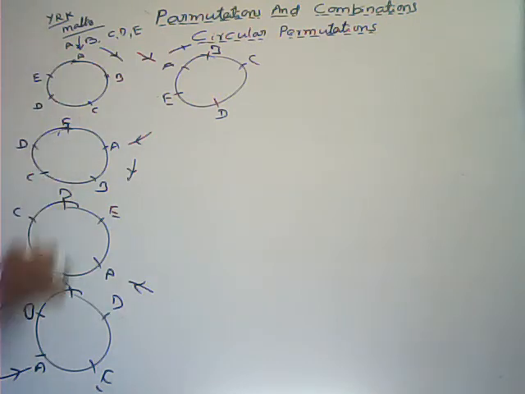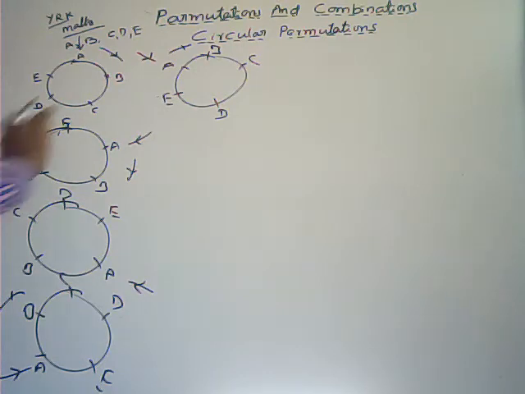So all these we say is only one circular permutation, only one circular arrangement. All these 5 are not different; all these are equal to only one circular permutation.